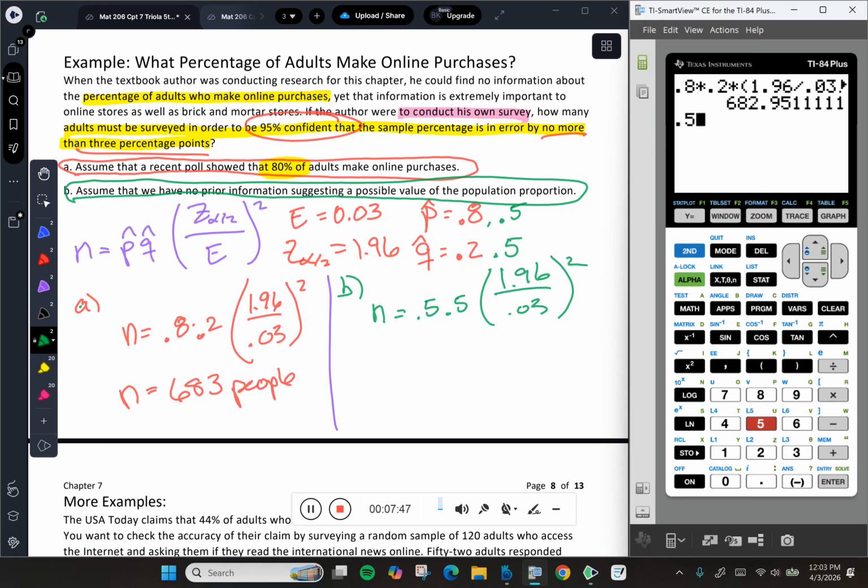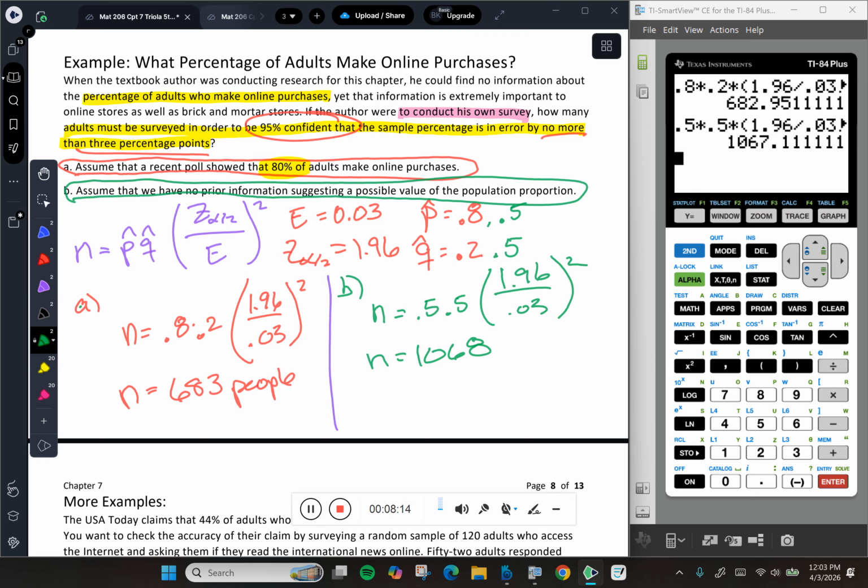So 0.5 times 0.5 times the quantity, 1.96 divided by 0.03, squared. And I get we should talk to about 1,068. Now I know there's at least one person going, no, 0.111 rounds down to 1,067.